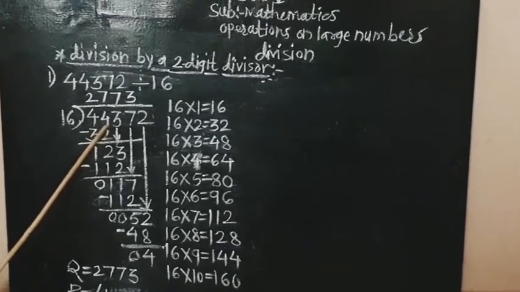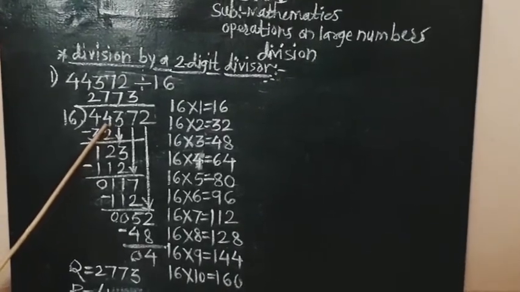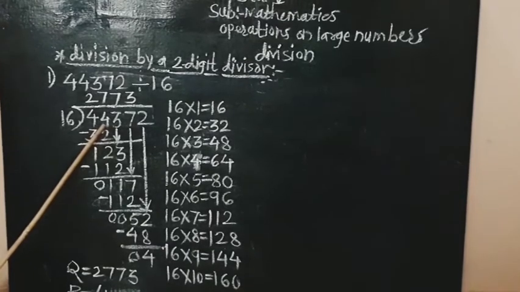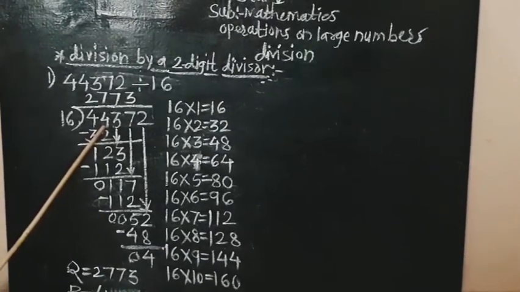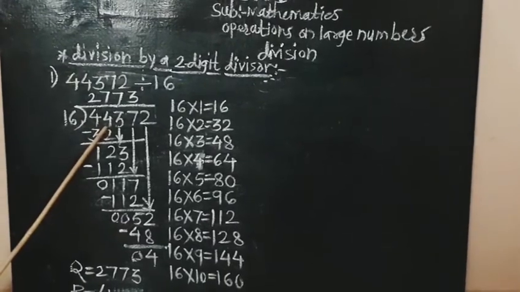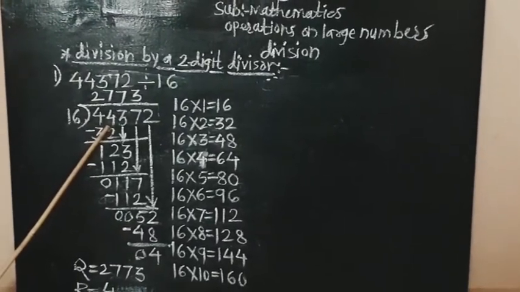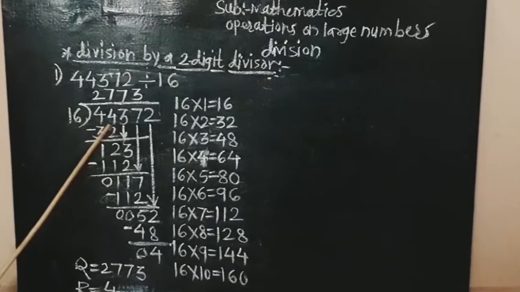In the first class, when I taught you division by multiples of 10, I told you that division means repeated subtraction. So now we are going to subtract from this 44.